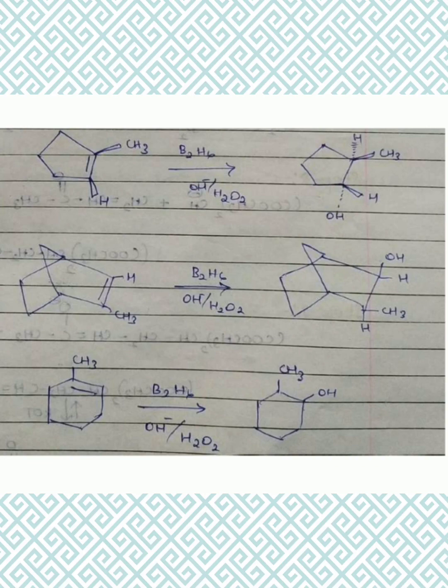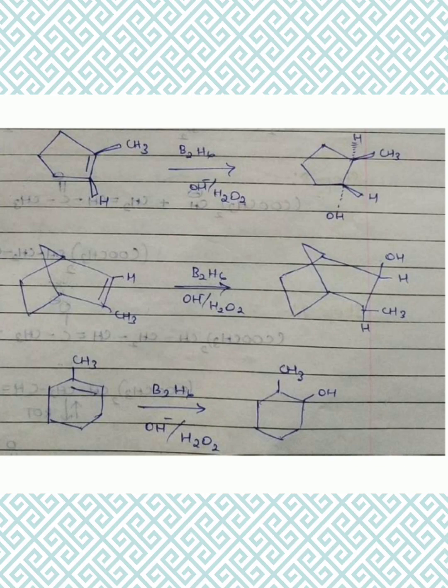Usually when an alkene is treated with diborane and hydrogen peroxide catalyst, we get an alcohol product. And when using diborane and hydrogen peroxide, water addition actually takes place, and the alcohol is the anti-Markovnikov alcohol.